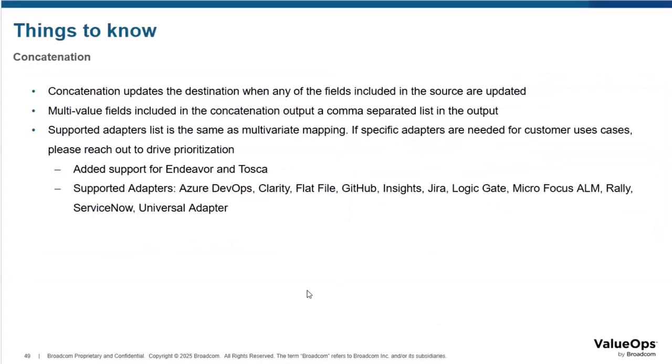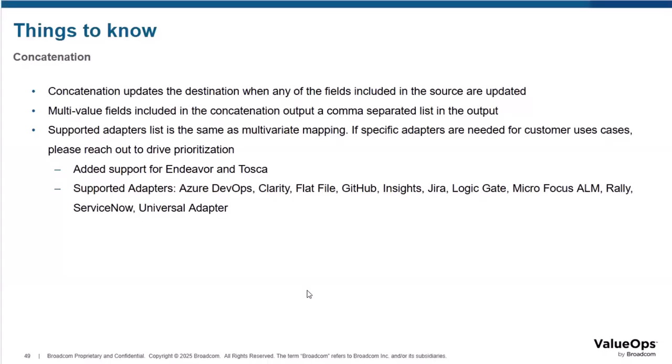Things to know. It updates the destination field when any of the fields included in the source side of the concatenation are updated. So we don't send the concatenated string with every sync, only if any one of the fields is updated. And if any one of the fields is updated, we update the whole field value in the destination.